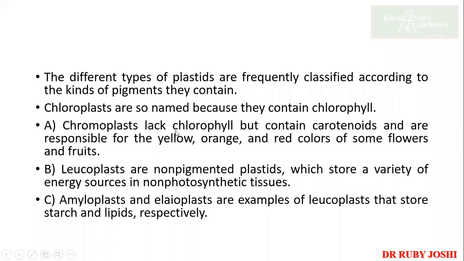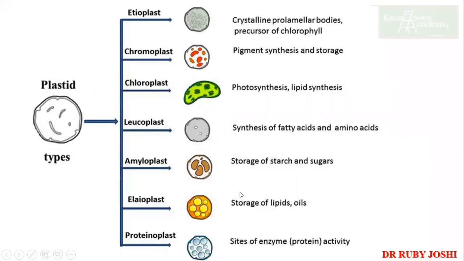Then chromoplasts don't have chlorophyll, but they have carotenoids because of which they have yellow, orange, red colors. Leucoplasts are the non-pigmented plastids. They store a variety of energy sources in the non-photosynthetic tissue. So what does it mean? They are responsible for the storage of fatty acids, etc. Amyloplasts store the starch. Elaioplast is for the lipids. Okay, this you have to remember.